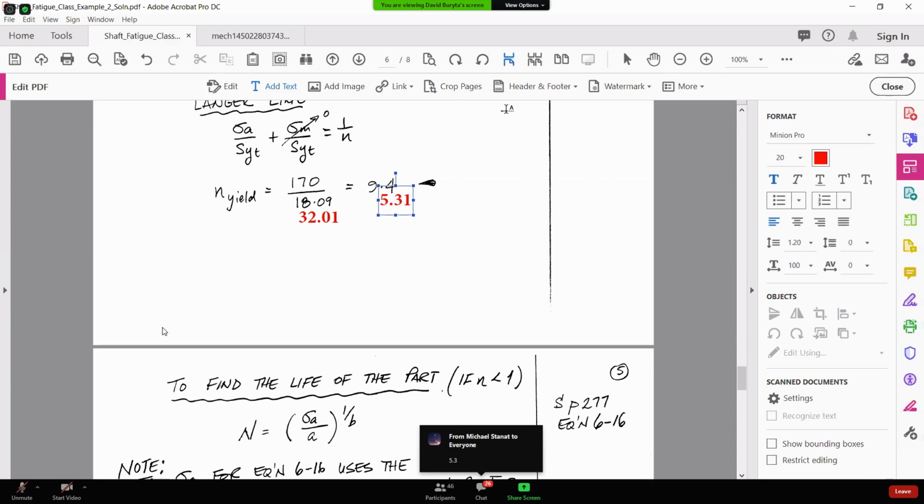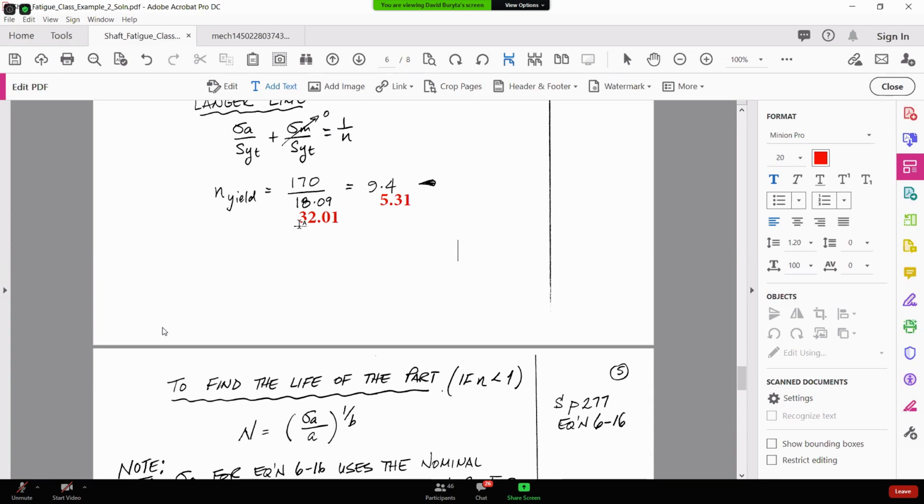The reason I use the nominal stress here is that, if you read in your book, it says you're not supposed to apply the Kf or the Kt factor to a ductile material, only to a brittle material. There are two schools of thought here, and we talked about this before. Here I use the Kf times the nominal stress.